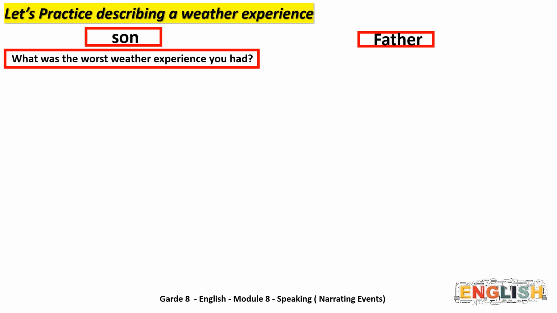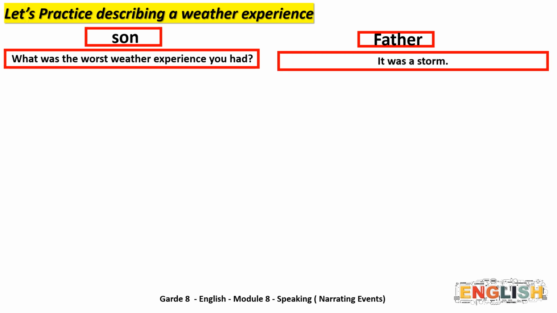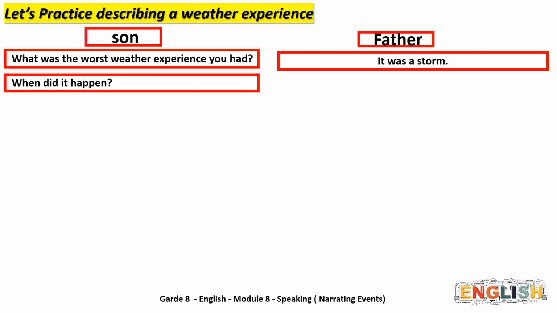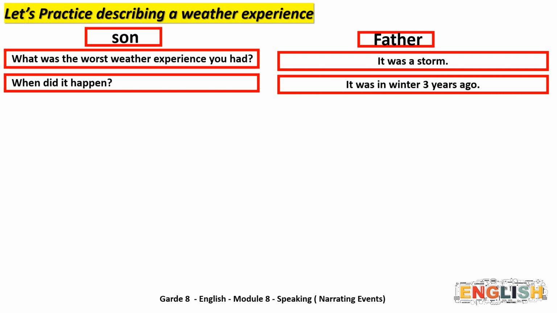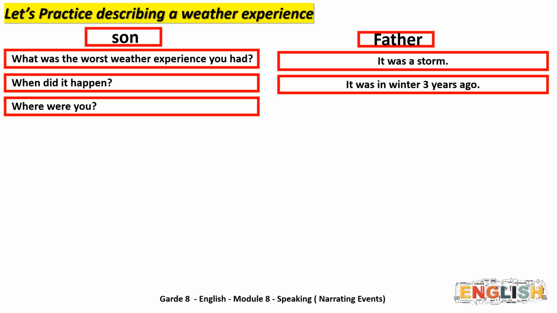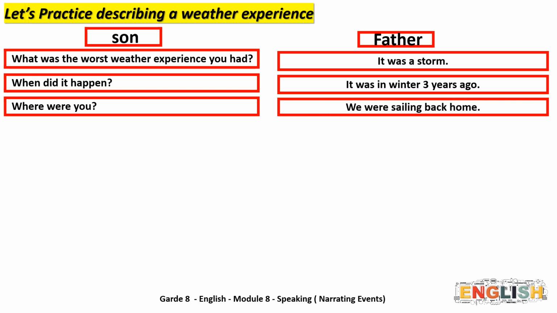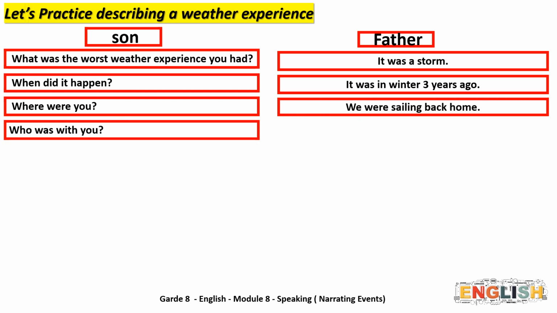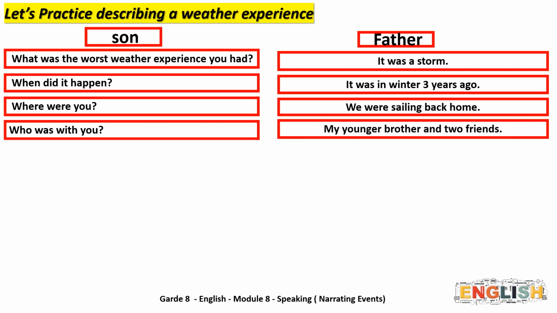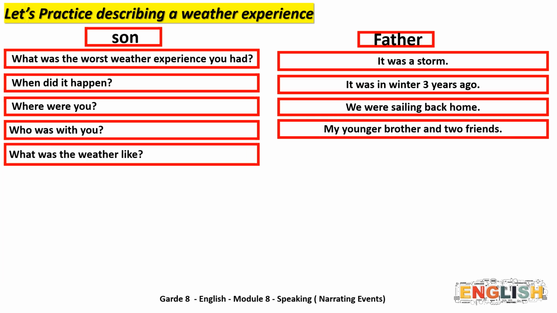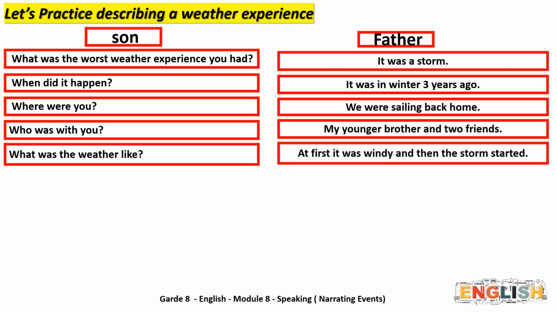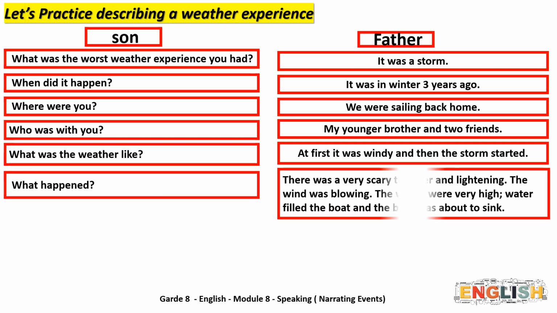What was the worst weather experience you had? It was a storm. When did it happen? It was in winter, 3 years ago. Where were you? We were sailing back home. Who was with you? My younger brother and 2 friends. What was the weather like? At first, it was windy, and then the storm started. What happened?